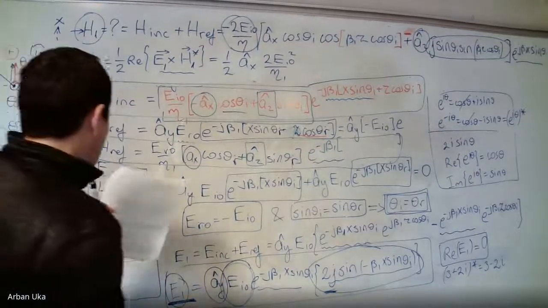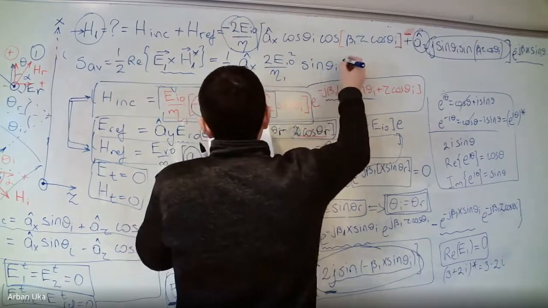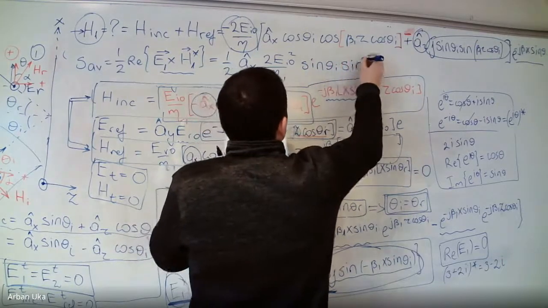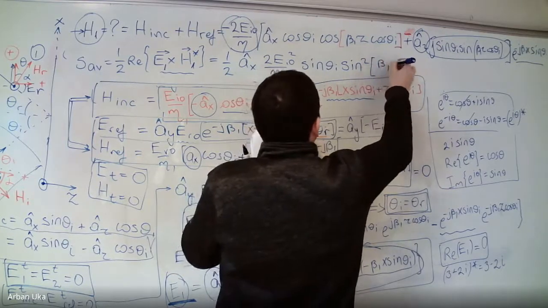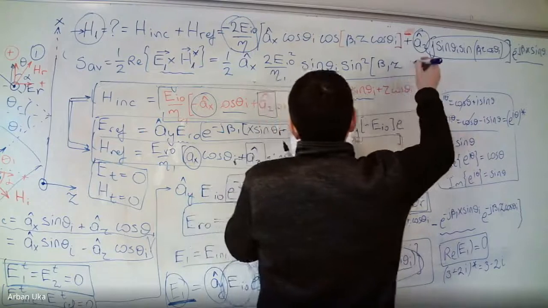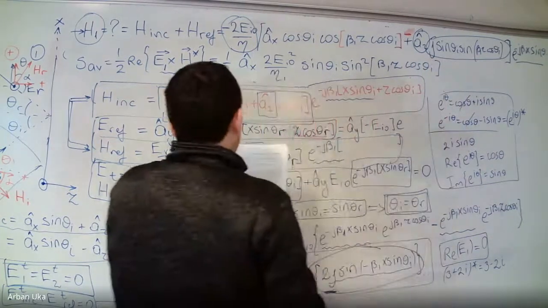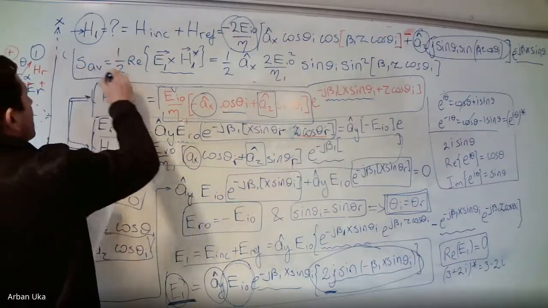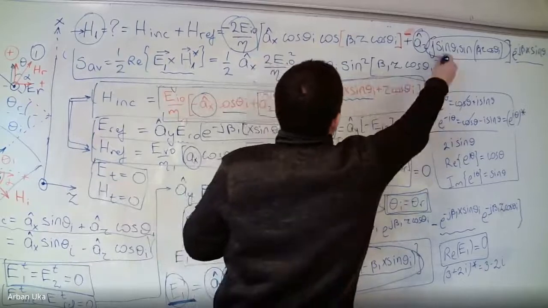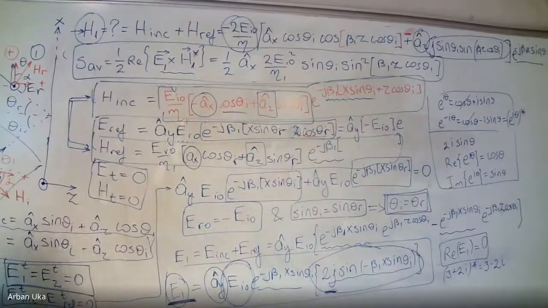And then times sine theta I, and this is sine squared theta 1z, cosine theta I. Okay, so this is the time average power density.